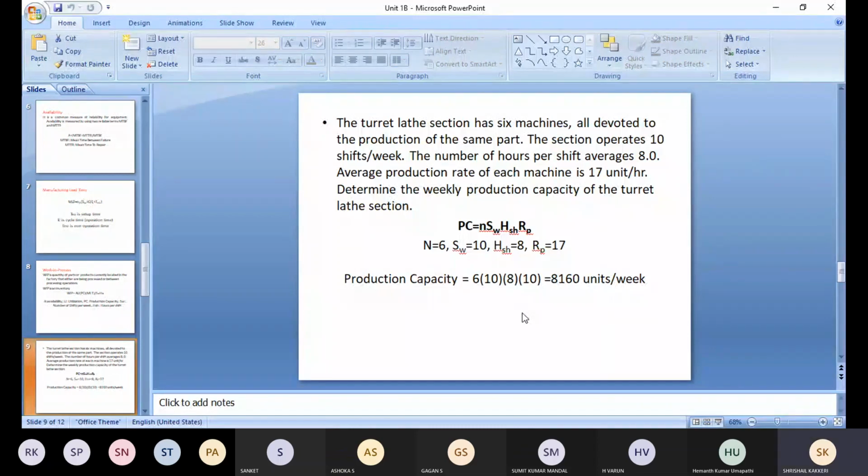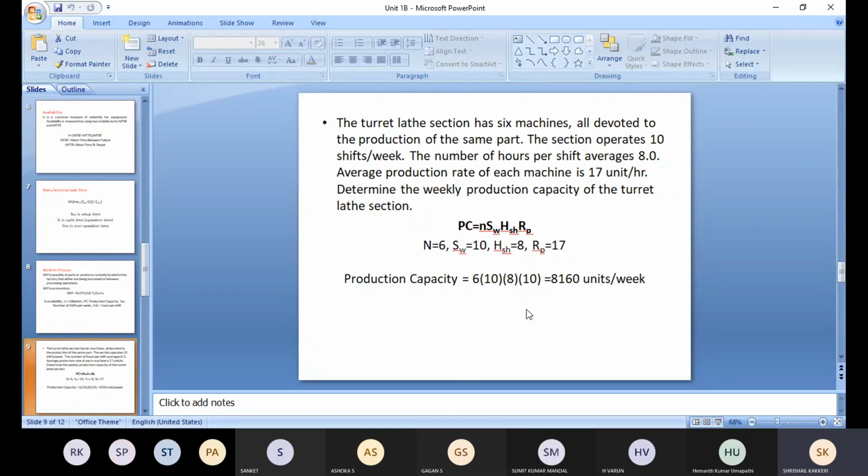Varun, can anyone of you please read this? Sir? Anyone of you read this problem, the simple problem. One sentence you read and tell me. A turret lathe section has 6 machines, N is equal to 6, all devoted to the production of the same part. That means it is a job shop production. The section operates 10 shifts per week.